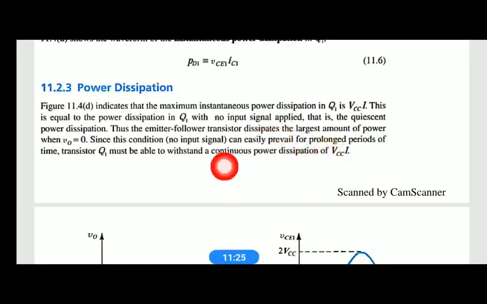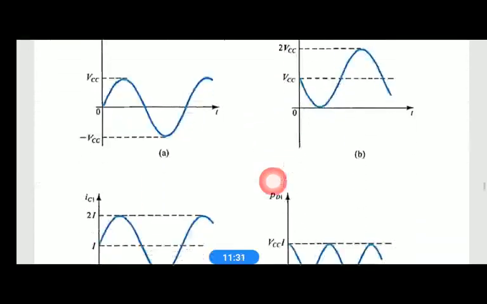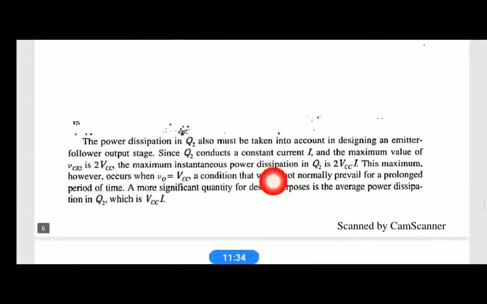So the power dissipation across the transistor Q1, in summary, is VCC into I. Similarly, the power dissipation across the transistor Q2 is also VCC into I, because the current flow here is I. When there is no input applied, the current flowing through the transistor Q2 is also I, same as the transistor Q1, and the voltage across it is VCC.